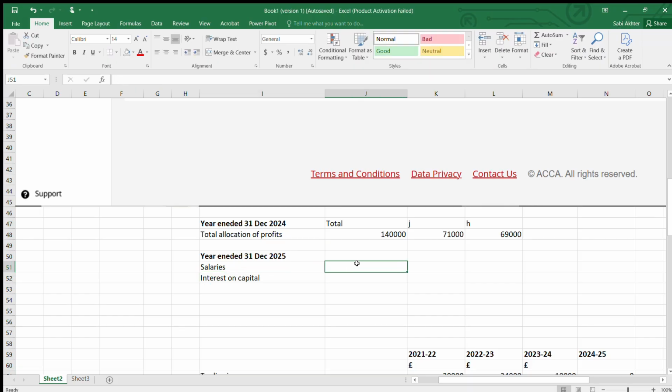So here salaries are 70,000, it's fixed, and 30 and 40. This is done. Same. This was given in example 1. Then interest 35,000. This also remains same, 20 and 15,000. So now this is 105,000, the total.